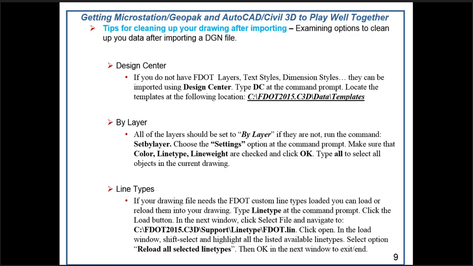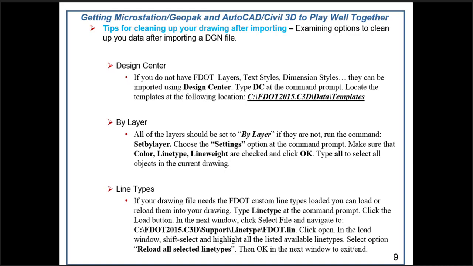If you do not have FDOT layers or text styles or dimension styles in your drawing, they can be imported using Design Center. You can type DC at the command line prompt, and you're going to browse to maybe your template that has your text styles, the layers, and everything set up in there, and I use Design Center to import those over into your drawing. And I'll demonstrate this in a little bit.